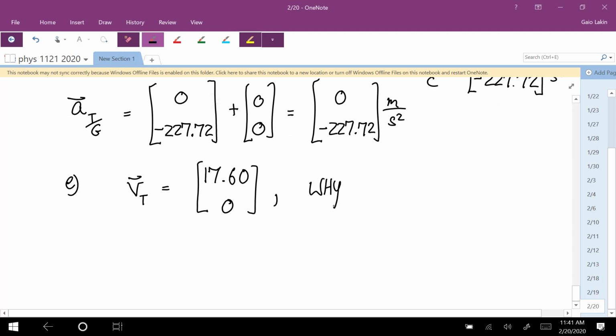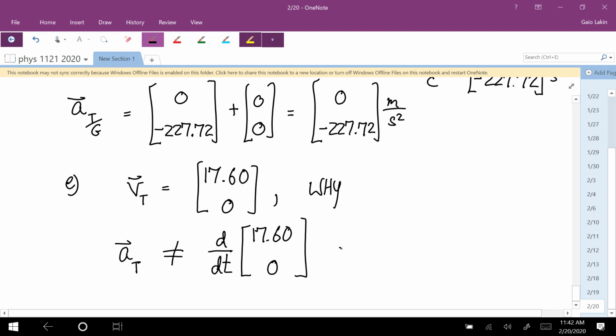And the question is, why is the acceleration of the top not equal to the time derivative of this velocity, which would just say that the acceleration of that top point is 0, 0? Why doesn't this work?